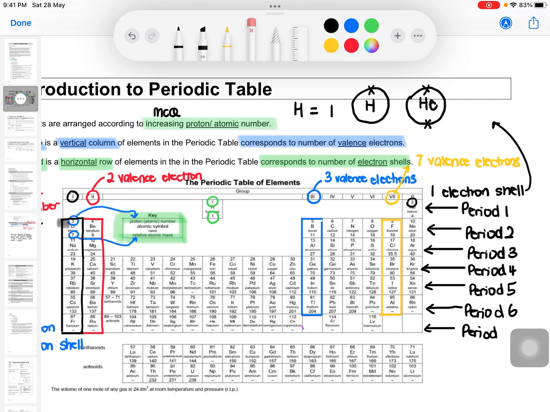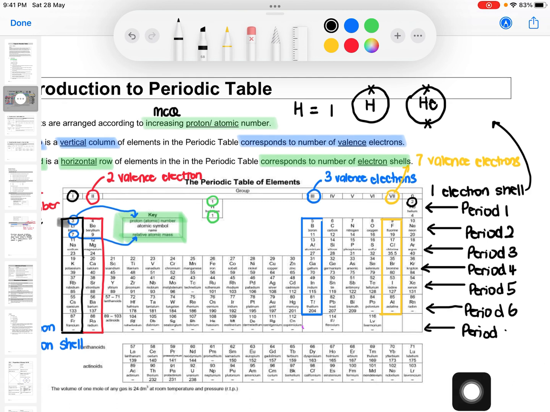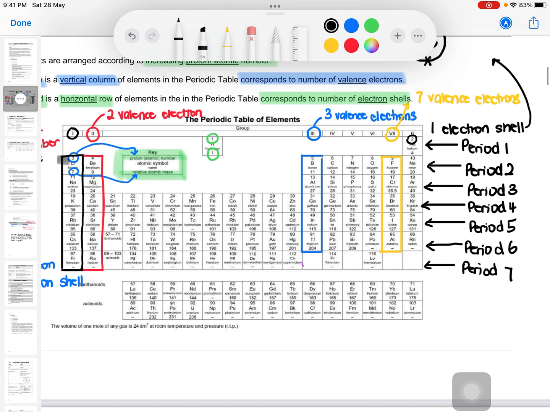7 periods. So if I were to ask you how many electron shells does indium have?